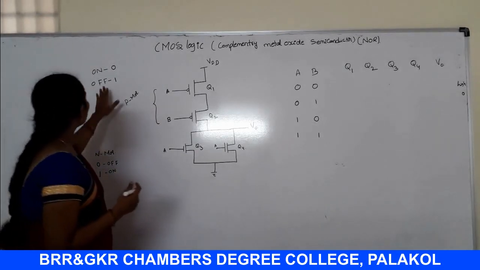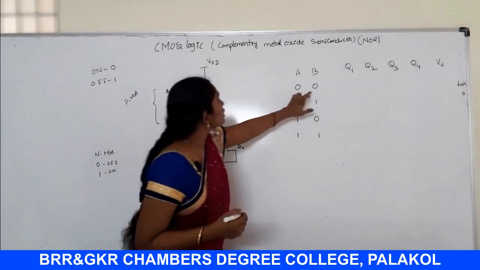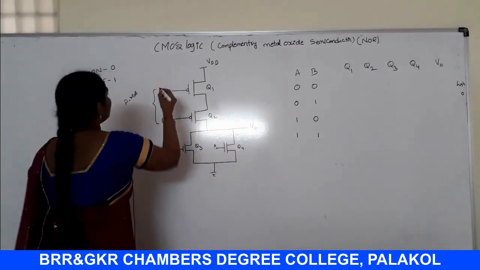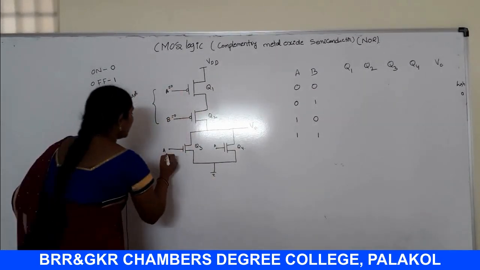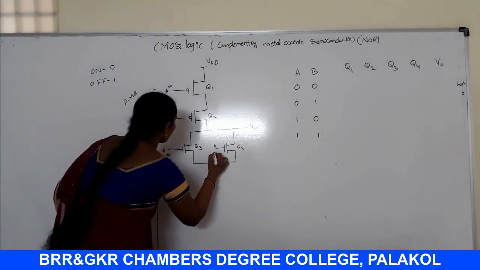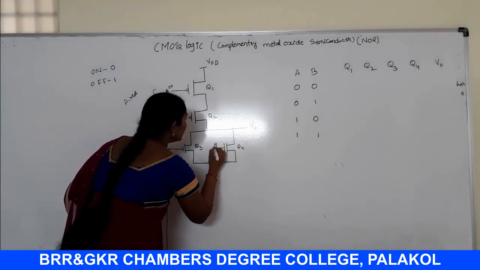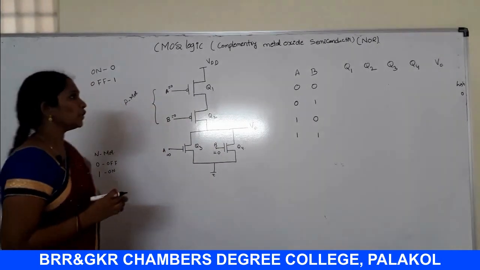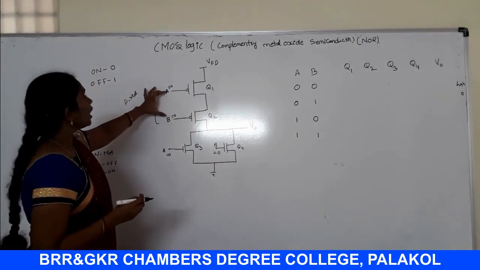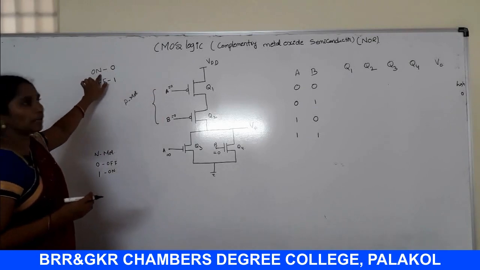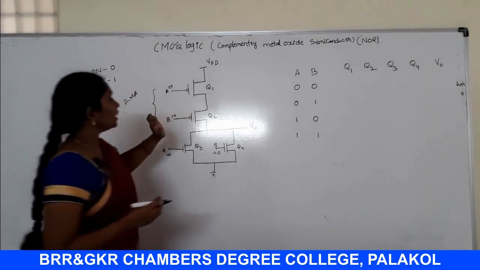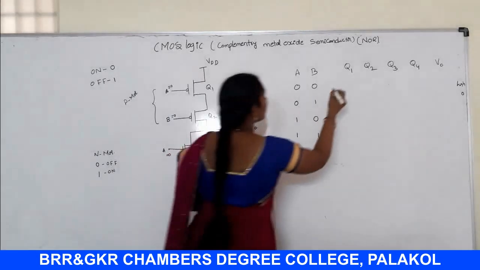Okay, so when you apply 0 0 here, A is 0 and B is also 0. For the Q1 transistor, 0 is nothing but on, so Q1 is on and Q2 is also on.